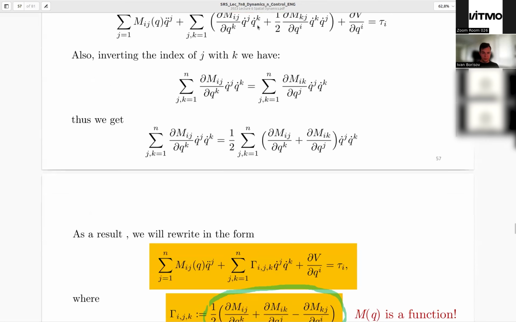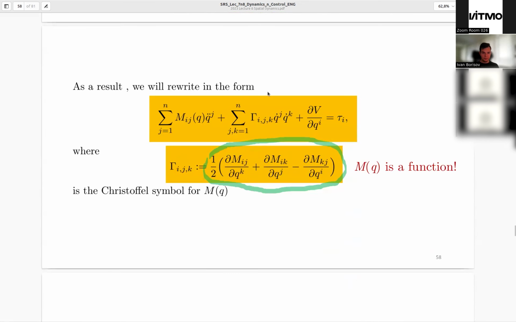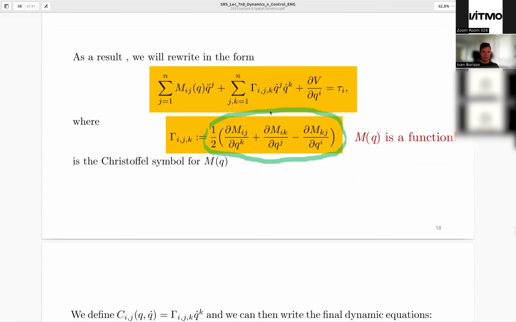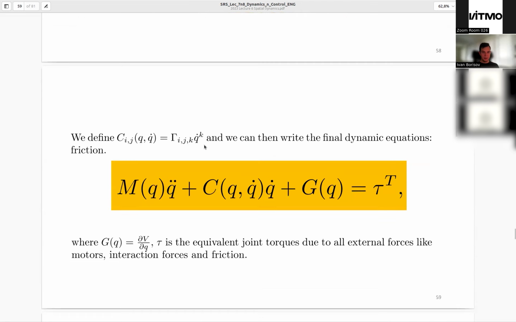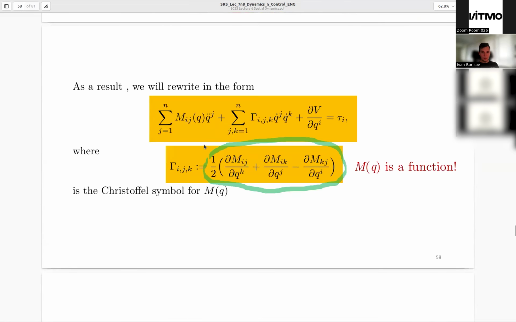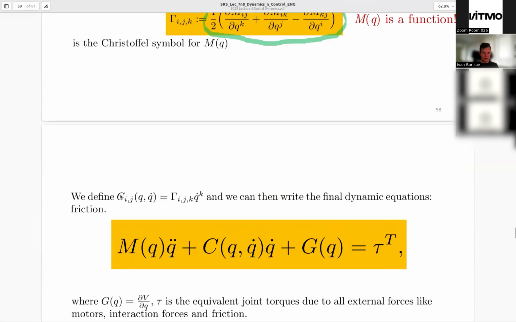But if you follow all the stuff, you will get this Christoffel symbol, and basically what it tells us is that the C matrix, which is related to the centrifugal and Coriolis forces, which is also called dynamic bias, is actually a derivative of mass, not in terms like integral derivative.